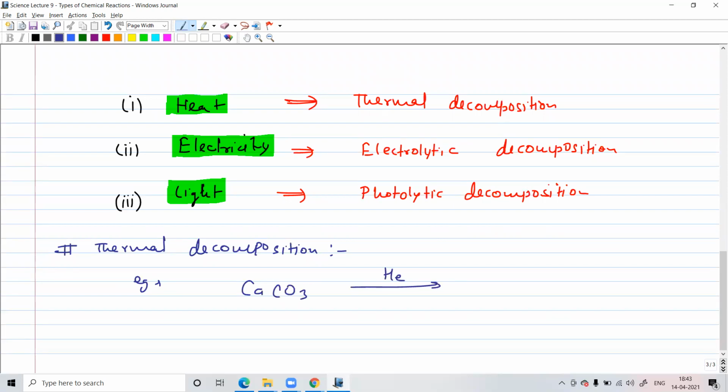When you gave heat, it broke down into calcium oxide and carbon dioxide. Fine. So let me give you some more examples.